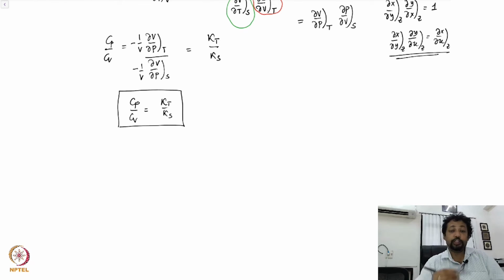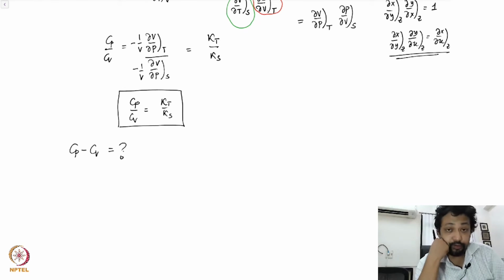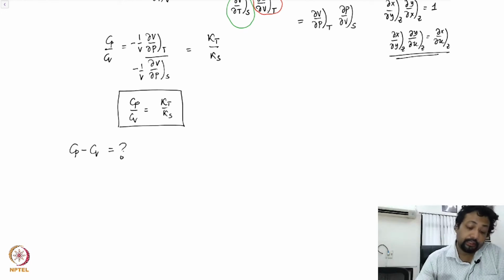So this is how you manipulate partial derivatives. What about this quantity, Cp minus Cv? The celebrated relation that you found out as R. I want to derive the general expression for this.